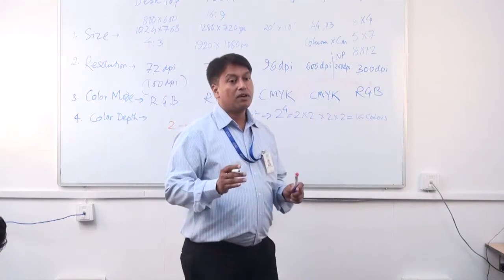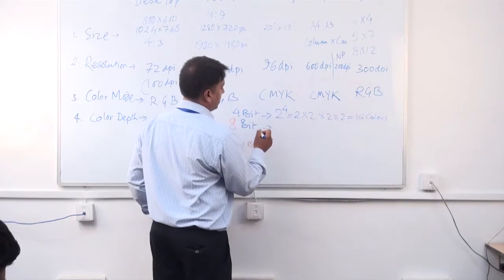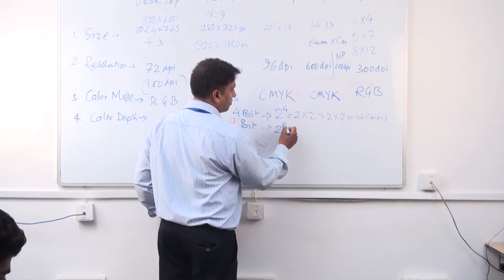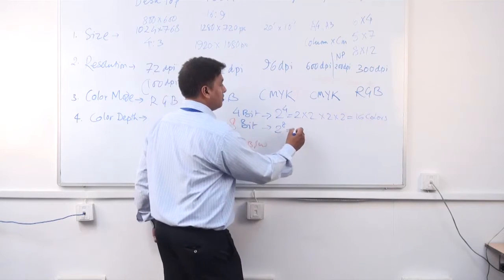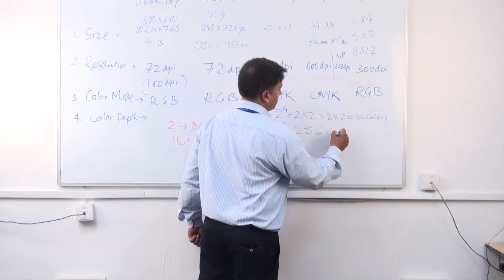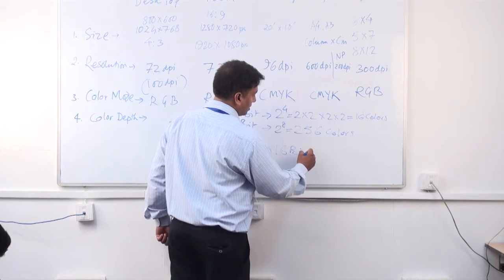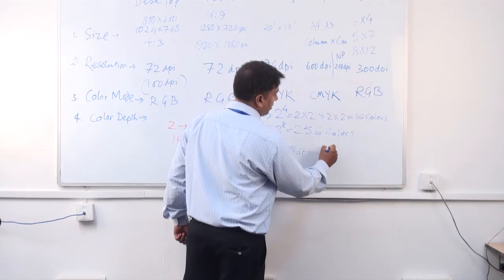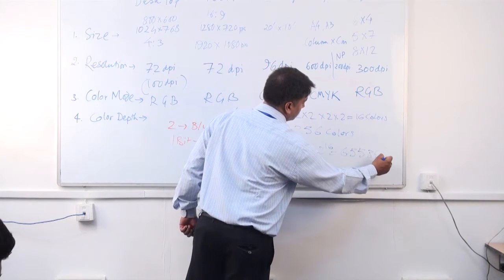Then comes the 8-bit. I am showing you how colors are generated in computers. For an 8-bit image, it will have 2 to the power 8. How many colors? 256 colors. Similarly, 16-bit is 2 to the power 16, 65,536 colors.